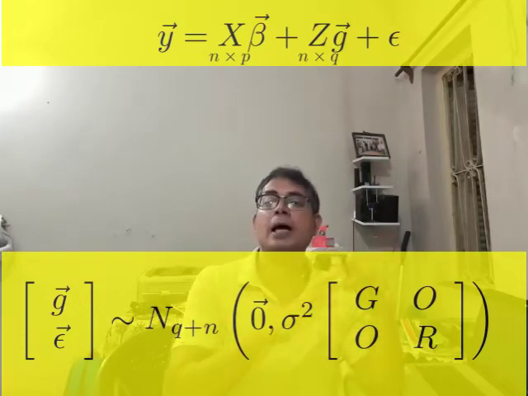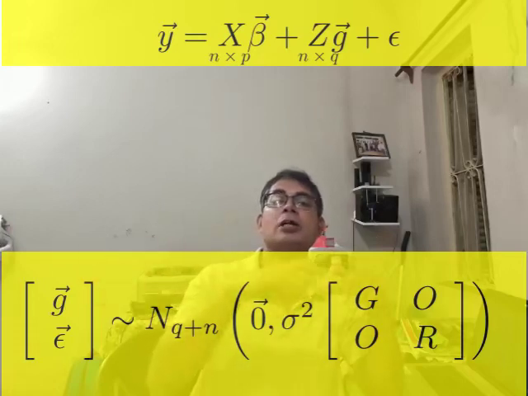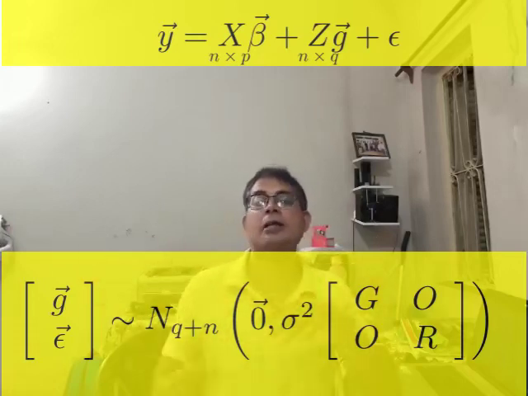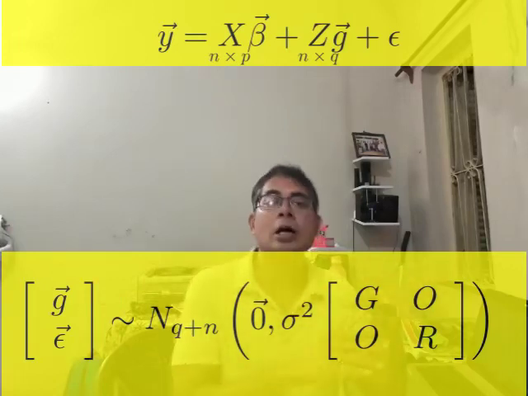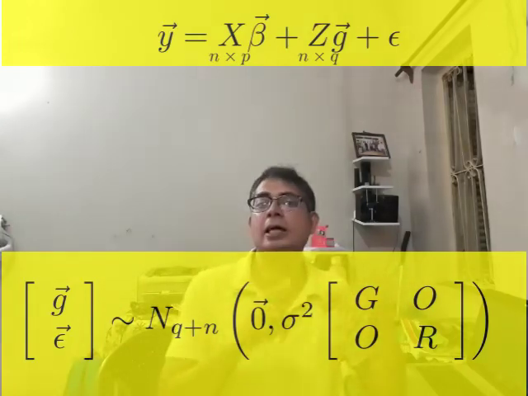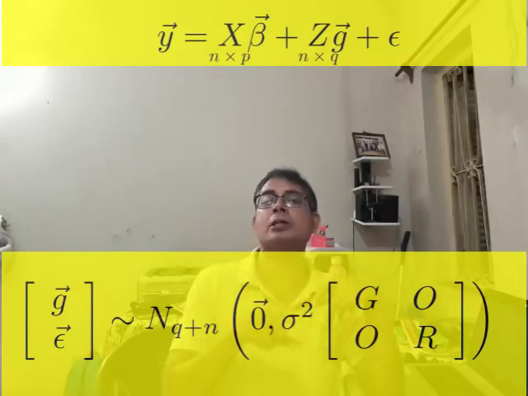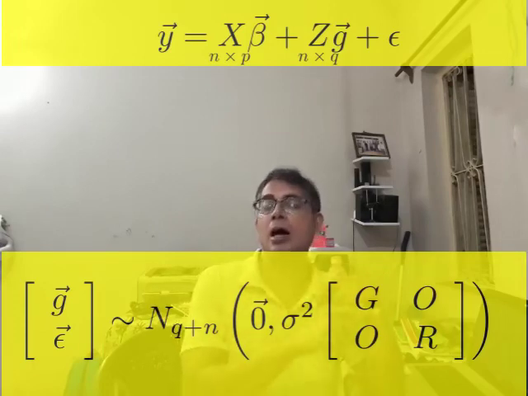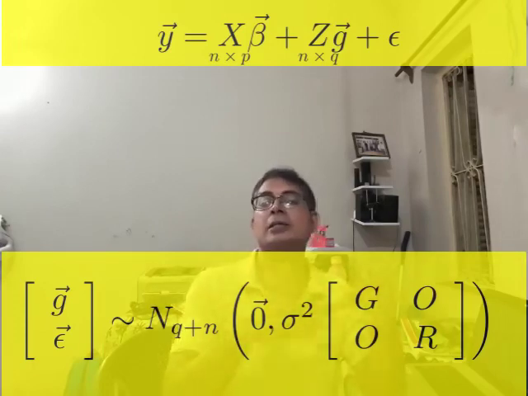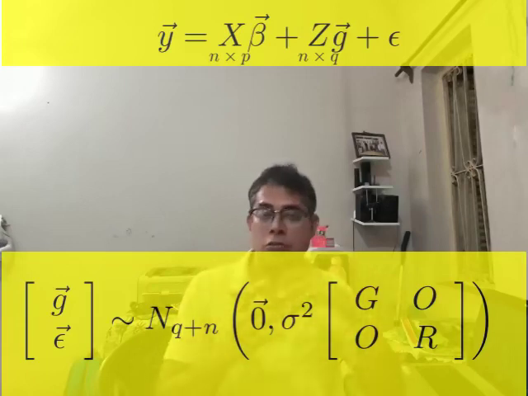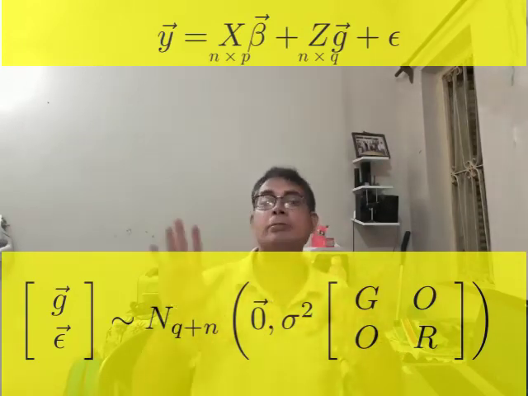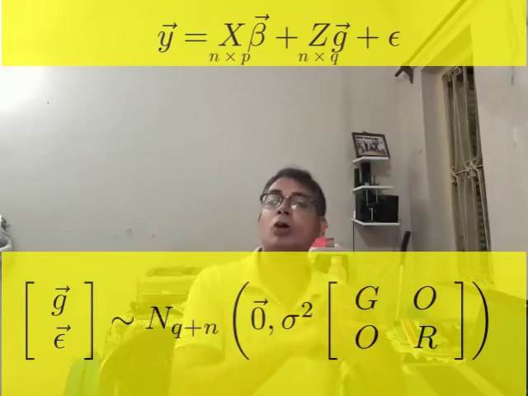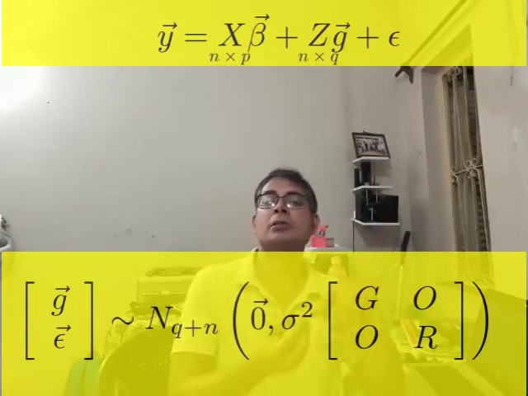And I assume that G has a covariance structure given by capital G and epsilon has a covariance structure given by R. What may look a little unmotivated is that I am taking common this sigma square, the common thing extracted out of both G and R. I am not saying that this is sigma square and that is tau square, that they have the same variance. So G and R need not be correlation matrices. These are still covariance matrices, but sigma square is like a common scaling factor that I am drawing out.